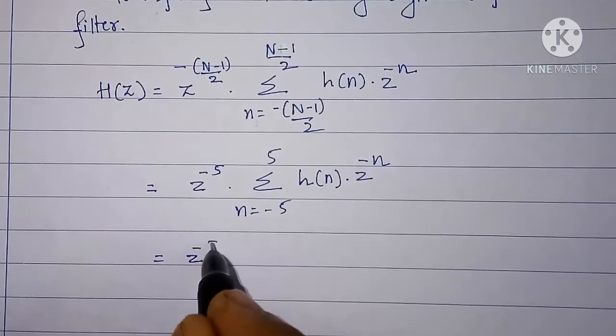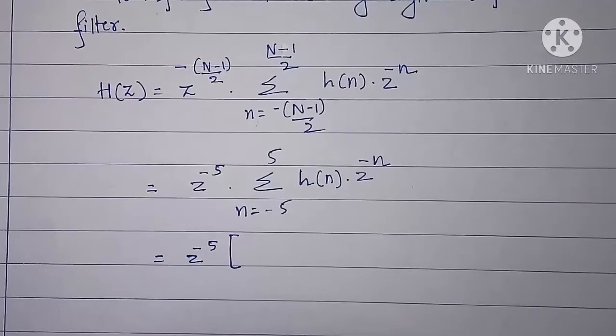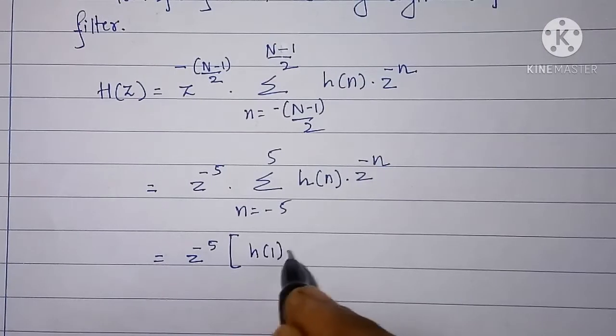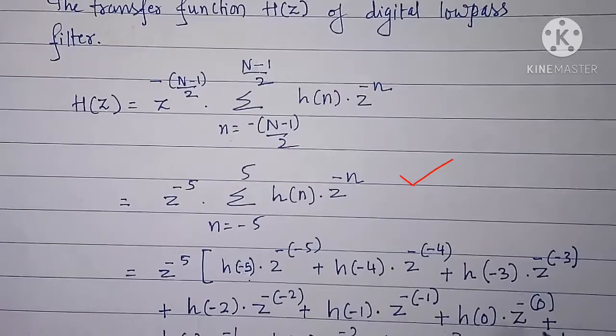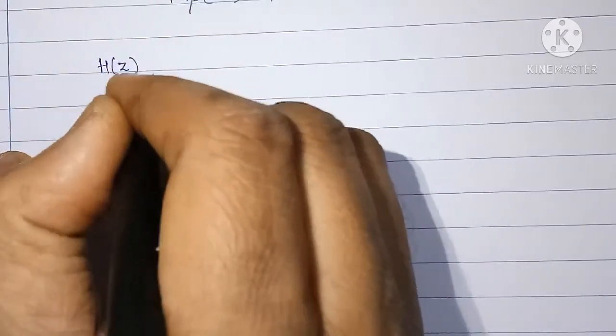That is z raised to minus 5 into h of n into z raised to minus n. In expanded form, it may be written as here.